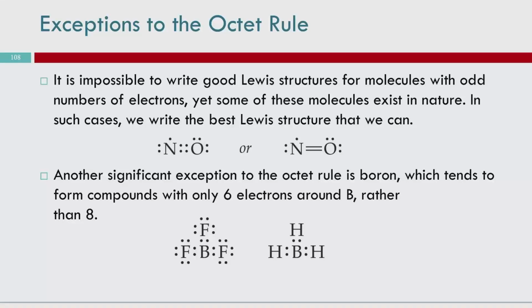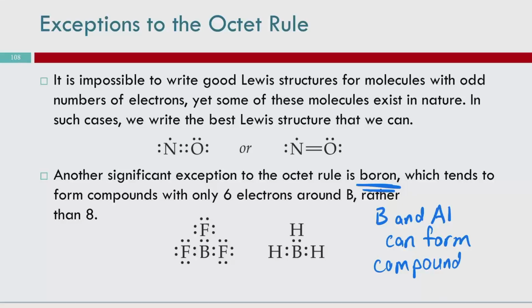There's also another fun exception, which is boron. Boron tends to form compounds with only 6 electrons. Aluminum can also do this. So boron and aluminum can form compounds with only 6 electrons on the boron or aluminum.